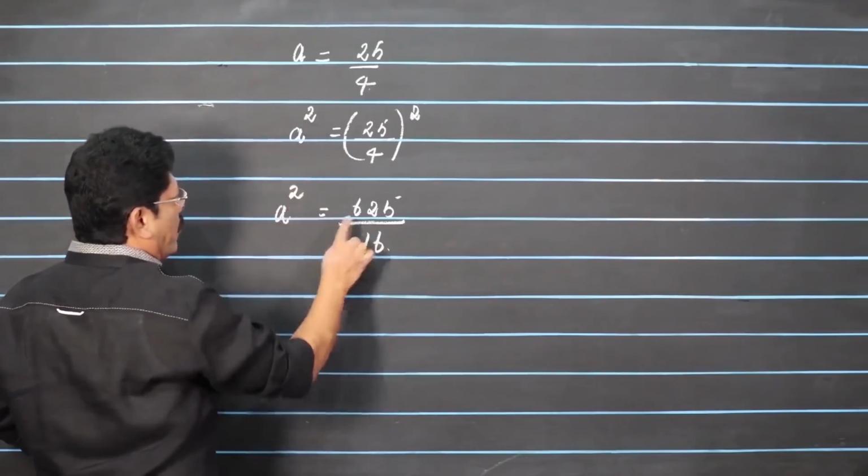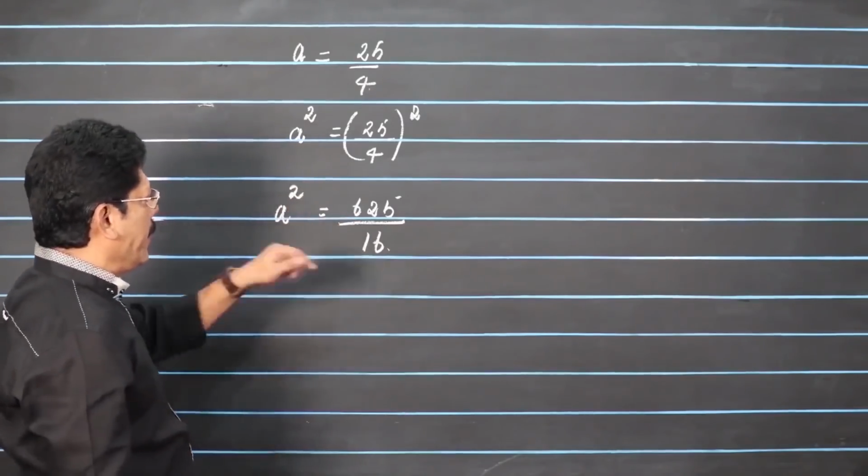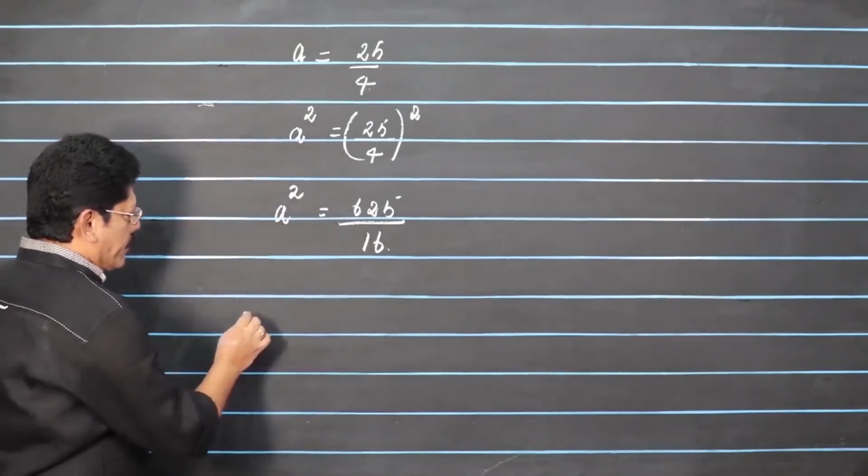Therefore, a squared is equal to 625 by 16.